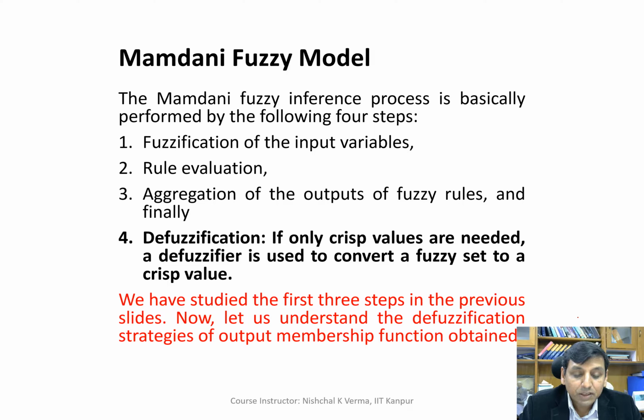Then we discussed the multiple rules with multiple antecedents with both the compositions, the max min composition and max product composition, and all of these cases with the fuzzy inputs and crisp inputs.